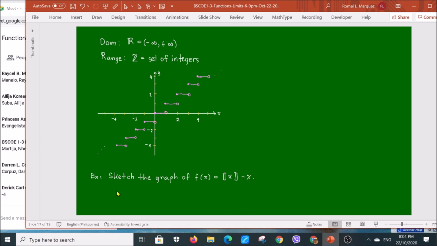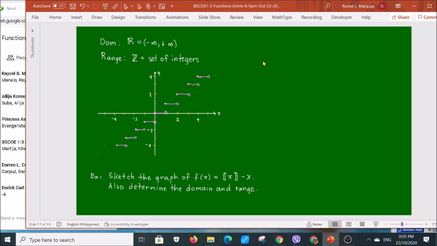Also determine the domain and range. Okay guys?